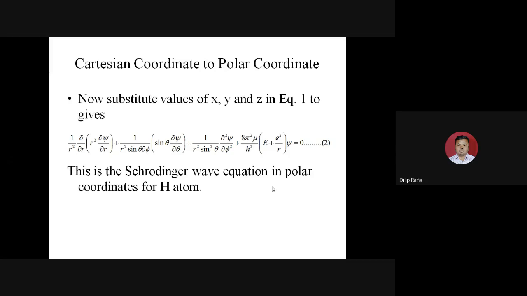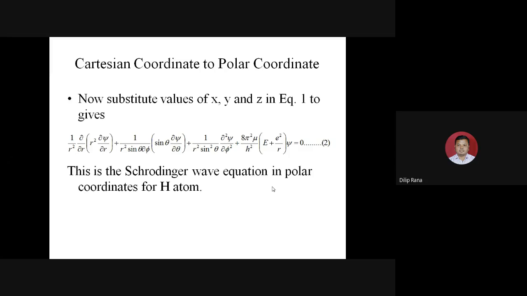So this is the significance of determining the Schrodinger wave equation in polar coordinate. If we could separate the equation in terms of the radial and the angular, we can have more information about our next property, which is a very principal property, the quantum numbers.